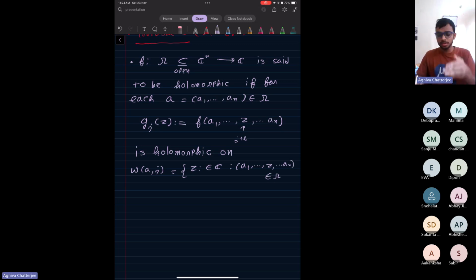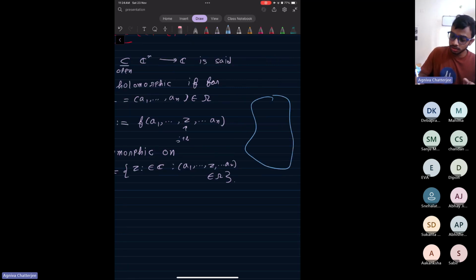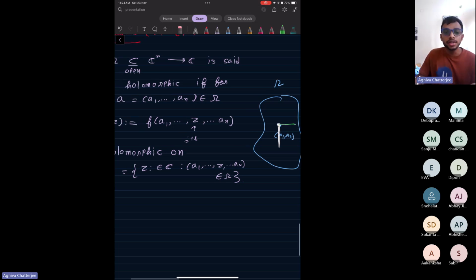Basically, geometrically I'm doing something like this. This is your point a, say a1 and a2. Just look at C2. This is your omega. What I'm doing is fixing a1 and coming via this line, and similarly fixing a2 and coming via that line. So it's basically partial derivatives.